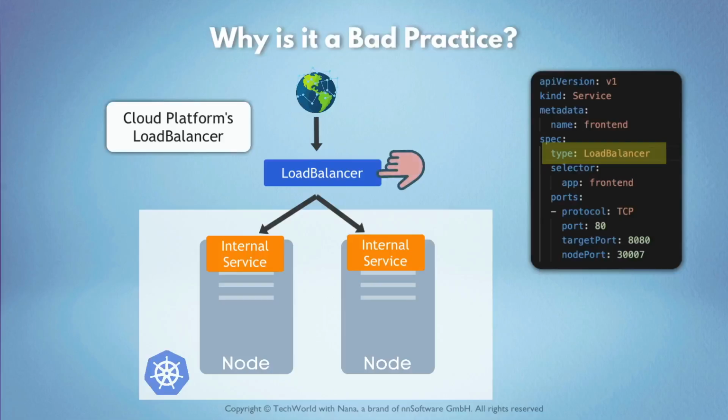The load balancer will get all the requests coming from the browser or from other external sources to the application, and this will be the cloud provider's load balancer, and the load balancer will then redirect that request to the cluster, to the internal service which is responsible for that request.